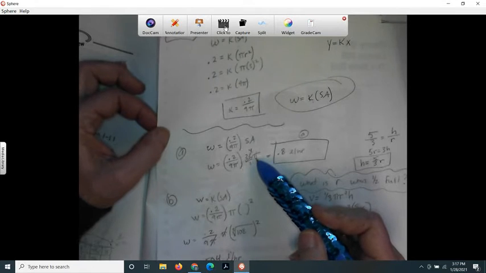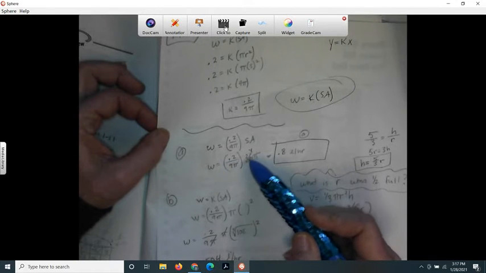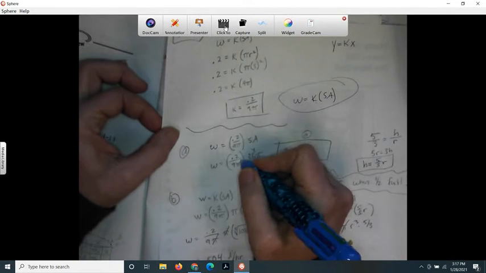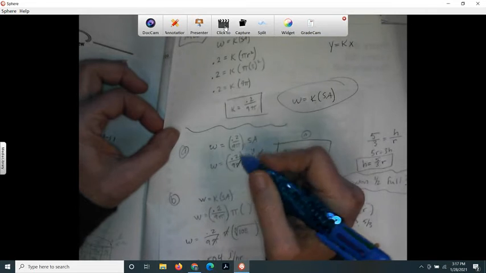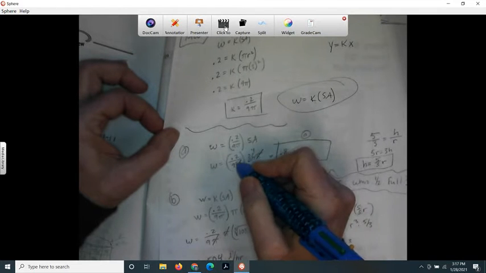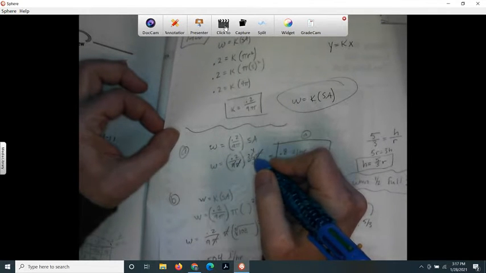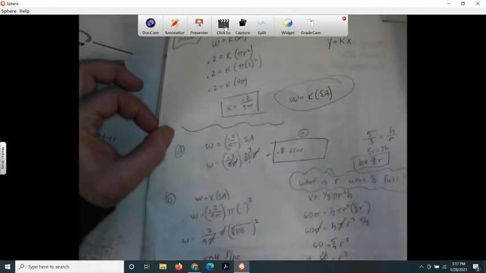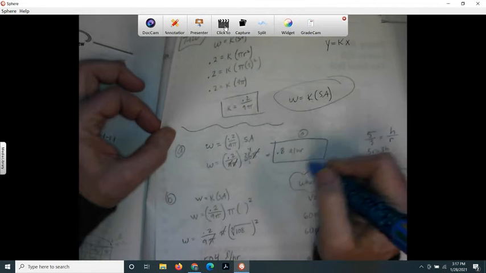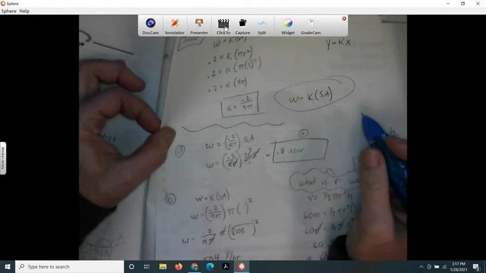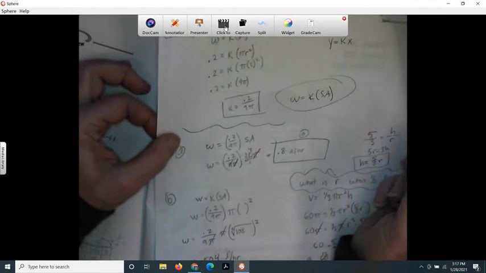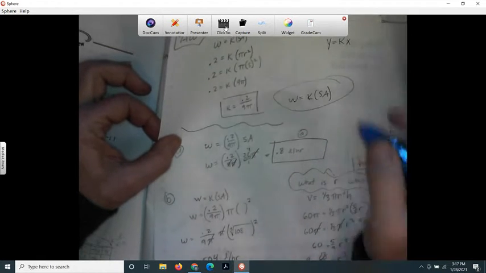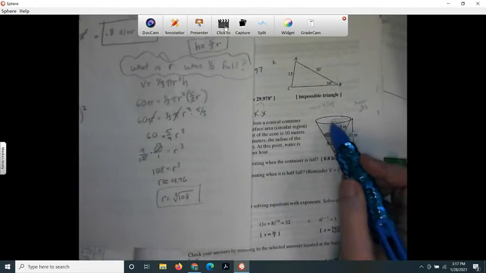Then I did some cancellation: the pi and the pi went away, and the 9 goes into 36 four times. Then 0.2 times 4 is 0.8. So that's how fast the water is evaporating when the container is full, because that's when it has that radius of 6.